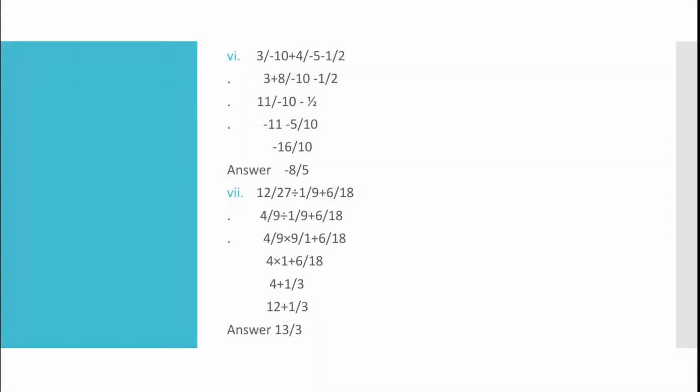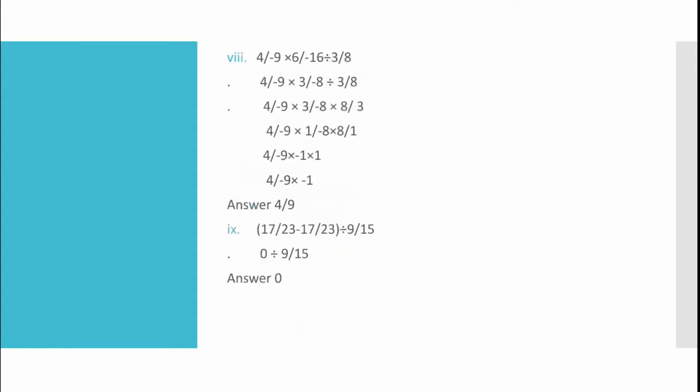Now again you have to take the LCM of 2 and 10. The LCM will be 10. So when you solve you will get minus 16 by 10. You can also write minus 8 by 5. This will be cut by the table of 2. Now in the same manner you have to solve the 7th question. Now question number 8 you have to solve in the same manner.